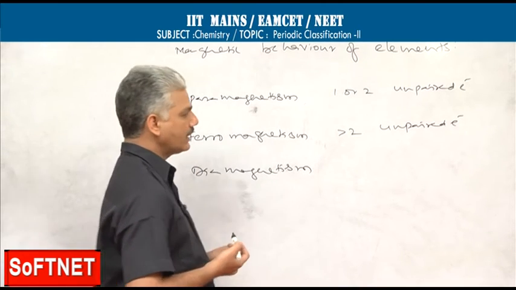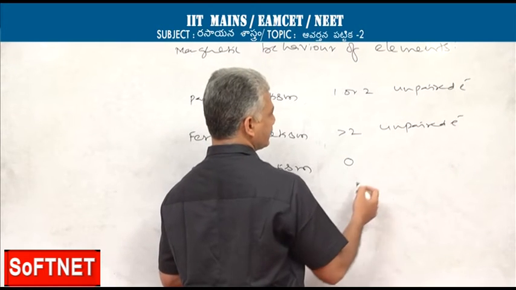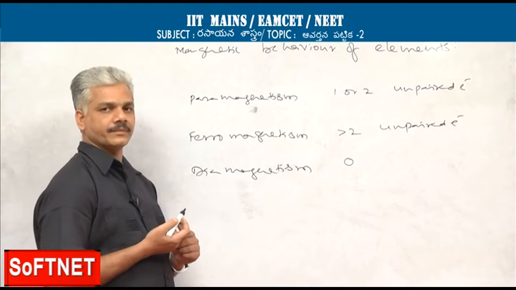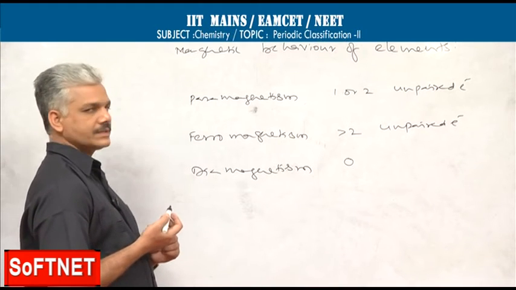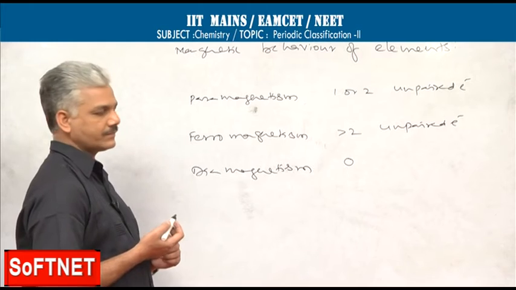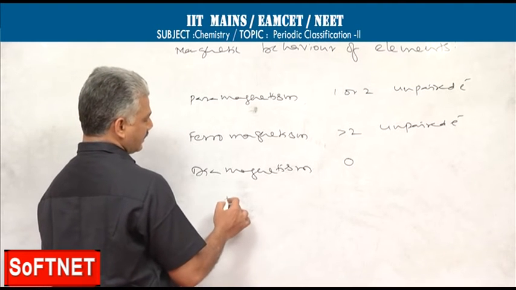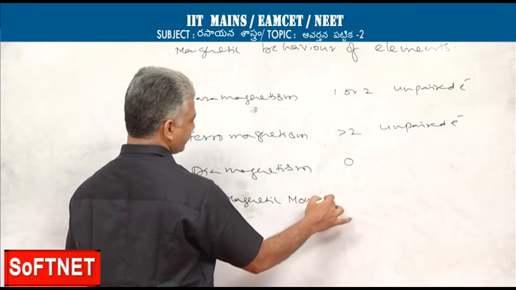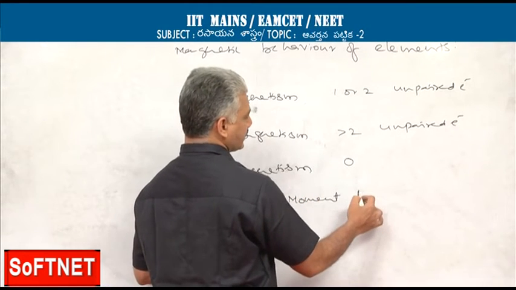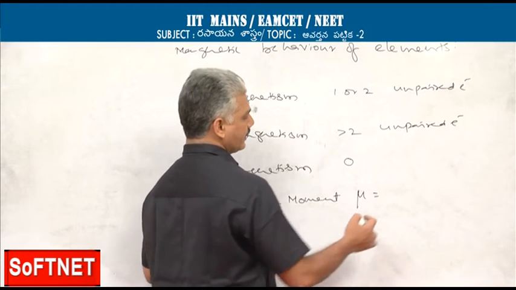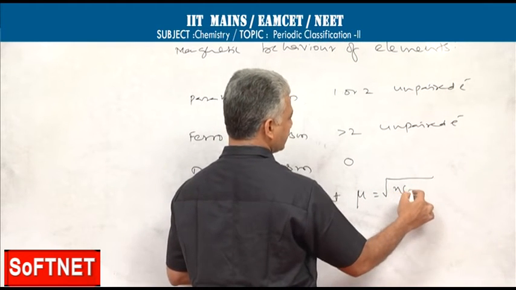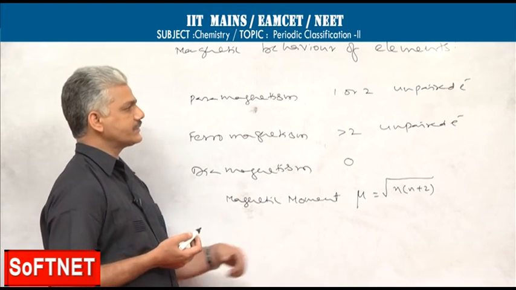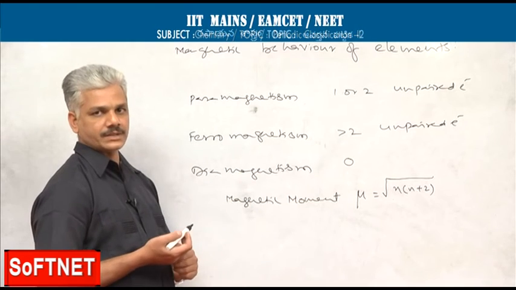If the number of unpaired electrons in any element is equal to 0, then it will show diamagnetic property. The strength of magnetism is expressed in terms of magnetic moment. Magnetic moment is denoted with the symbol mu and is calculated using the relation square root of n into n plus 2, where n stands for the number of unpaired electrons.